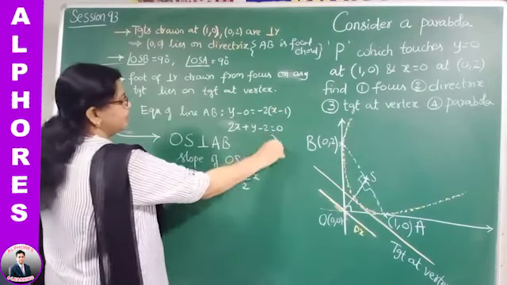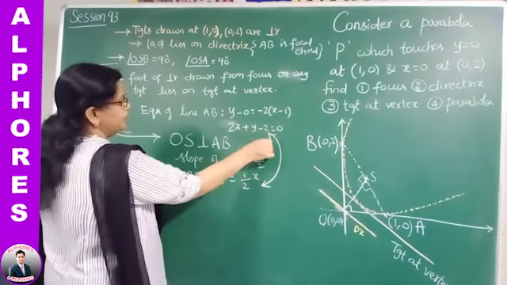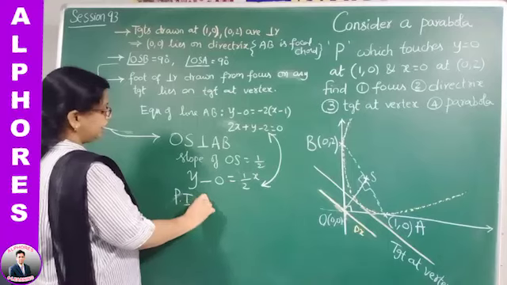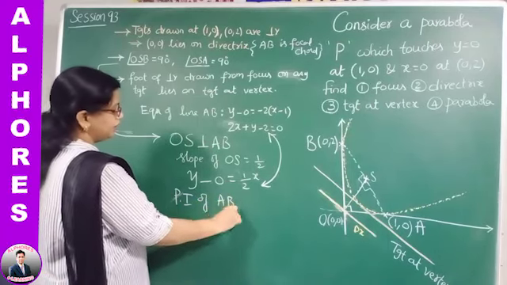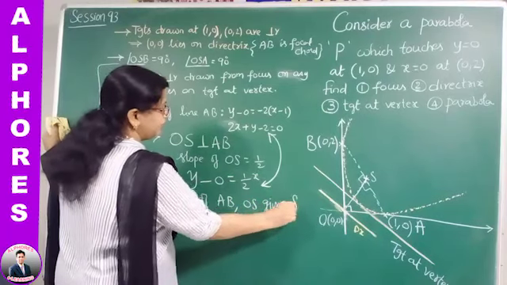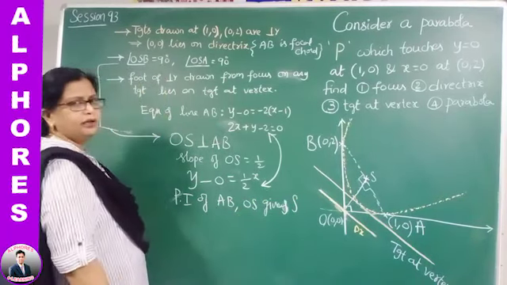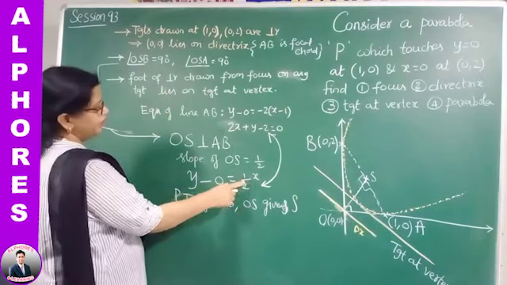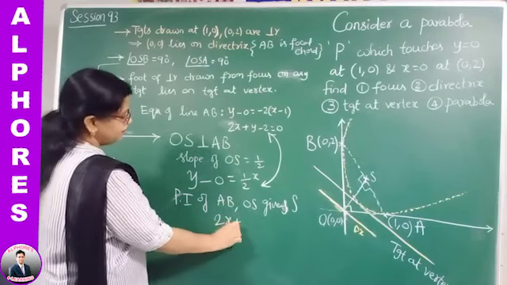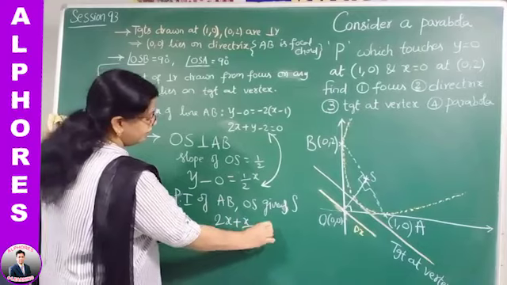Now if I solve these two equations, the point of intersection of the lines AB and OS gives the focus coordinates. Now let us substitute y equals x by 2 here, students. So 2x plus x divided by 2 equals 2.